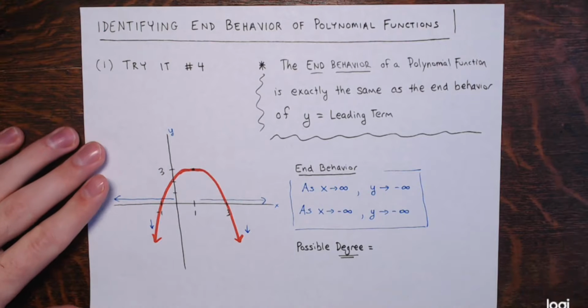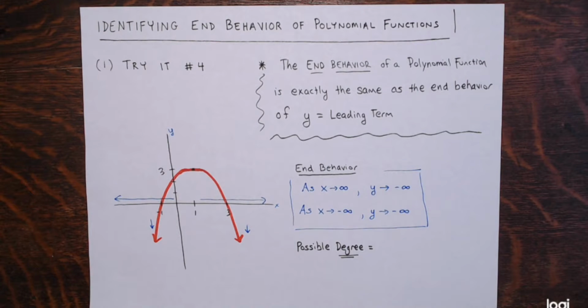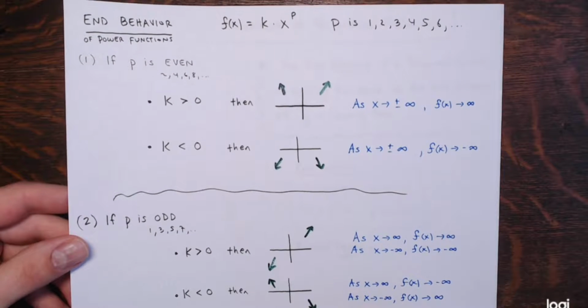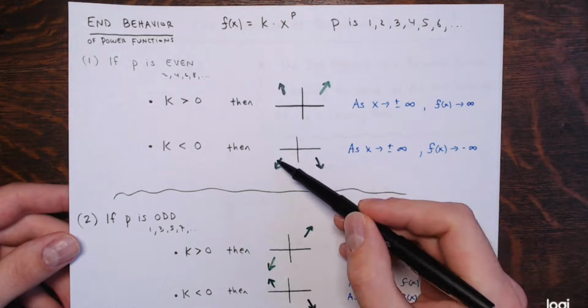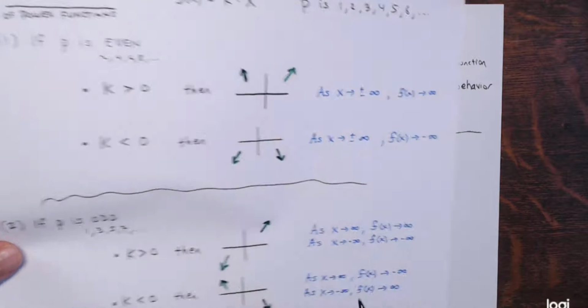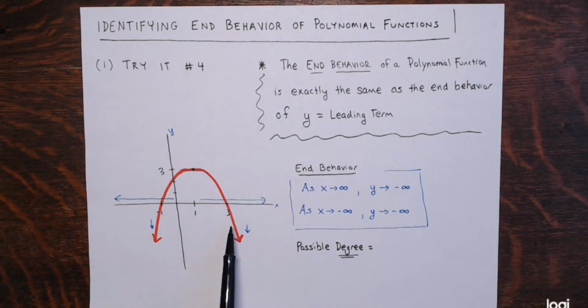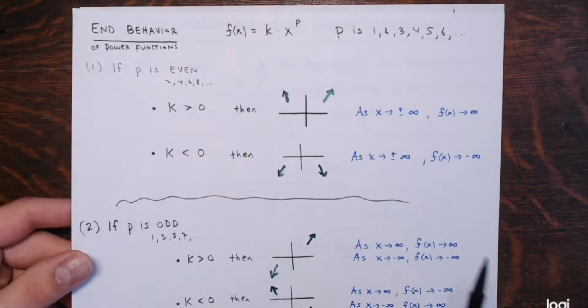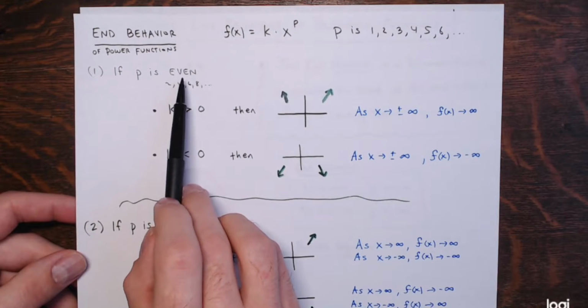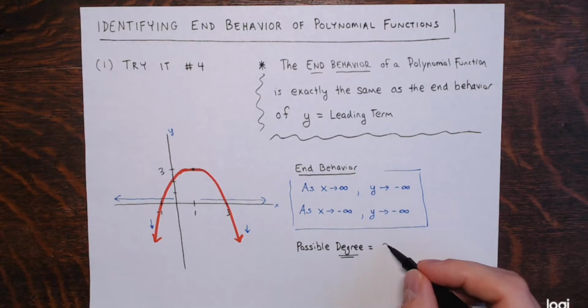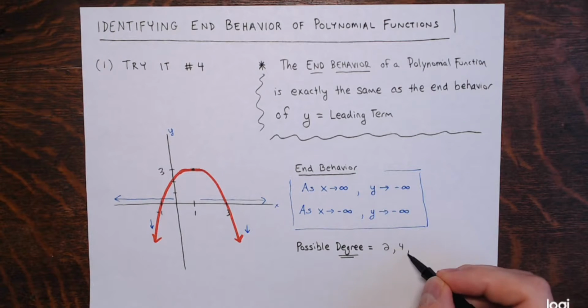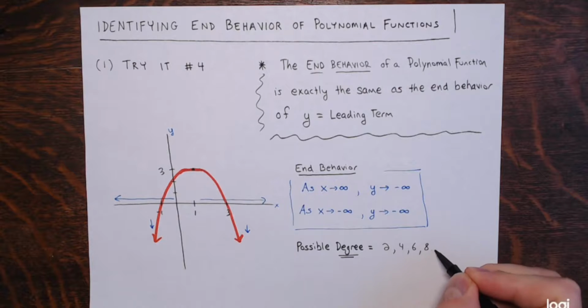And if you recall my page a second ago, this page here, if the function's graph is going down on both ends like this, just like this graph here, then the power has to be even. So the possible degree could be a degree 2, could be a degree 4, could be a degree 6, 8, and so on, right? Just some even degree.